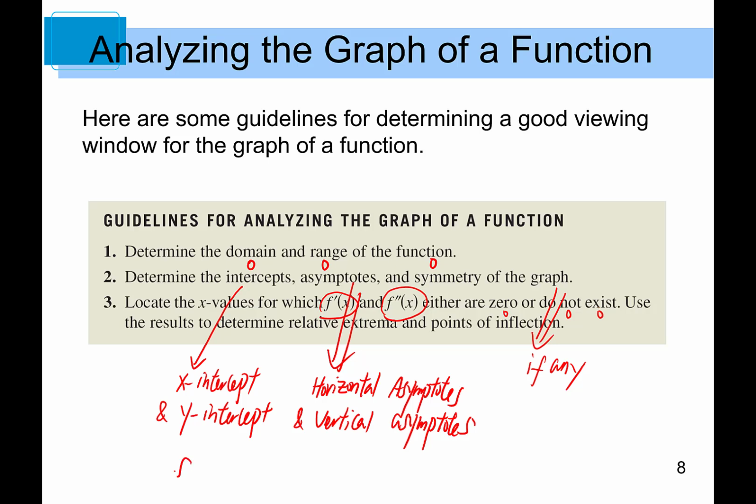So if you set f prime of x equal to 0, you find the critical numbers. And if you set f double prime of x equal to 0, you'll find possible points of inflection.